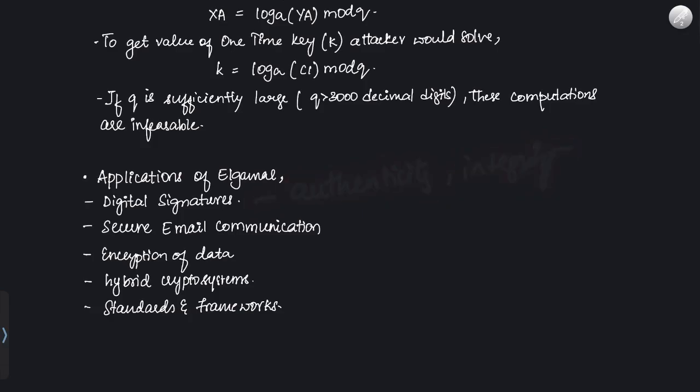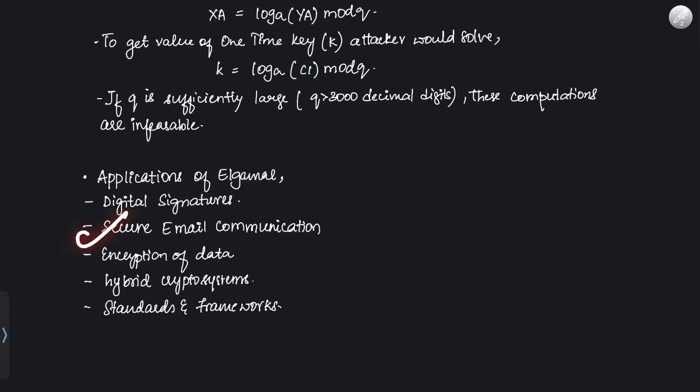These digital signatures form the base for the Digital Signature Algorithm, DSA, which is a widely used standard for digital signatures, and it is also part of the Digital Signature Standard. These could be used for ensuring message integrity in sensitive communication, validating software updates, ensuring that authenticity is maintained, and they are also used in blockchain technologies and cryptocurrency transaction verification.